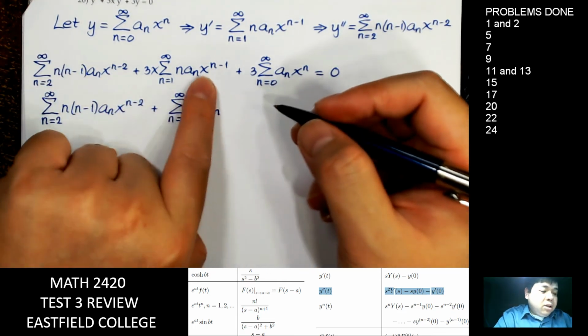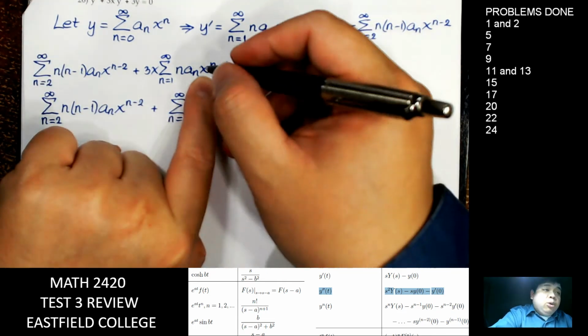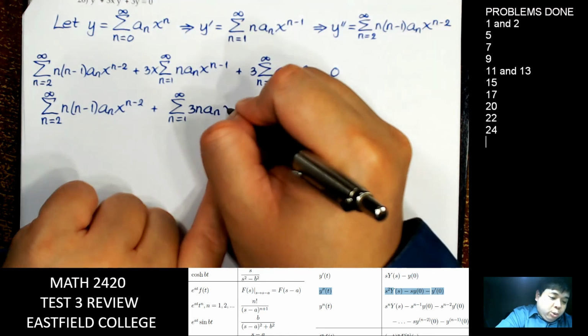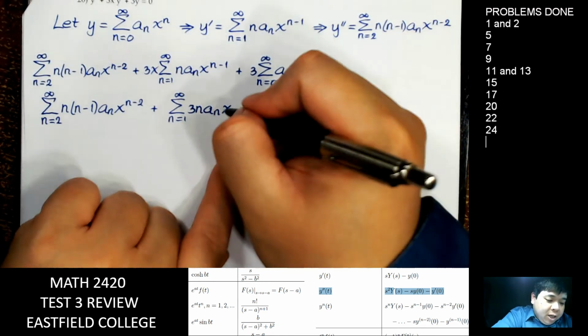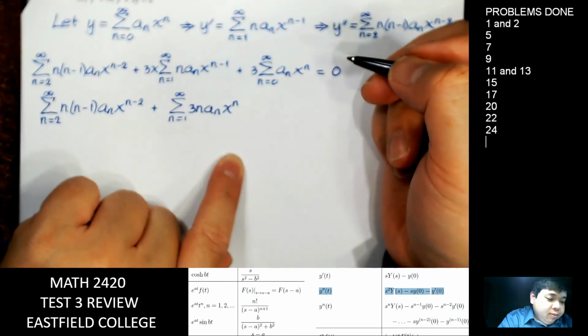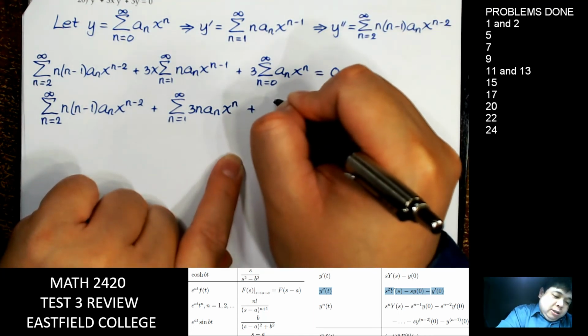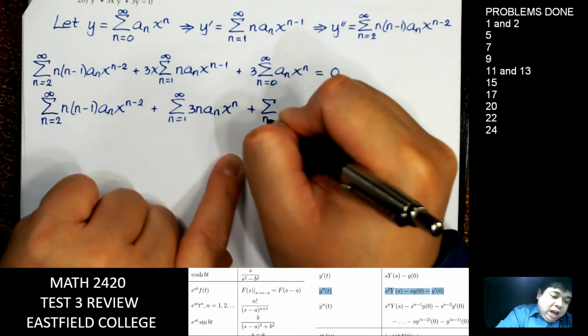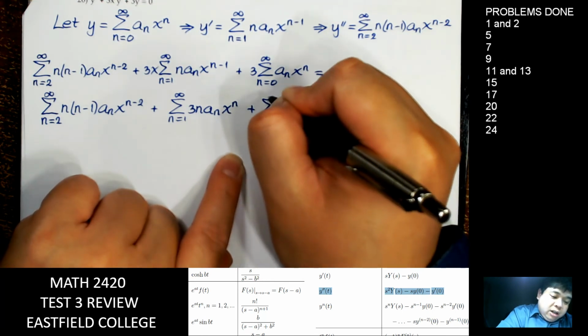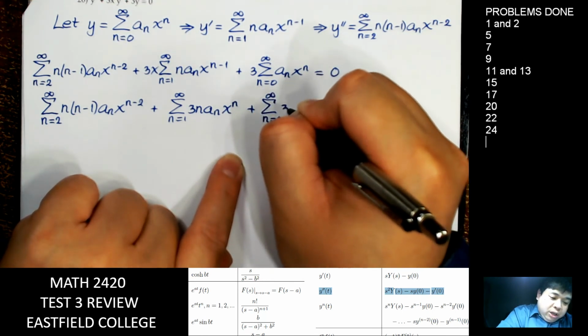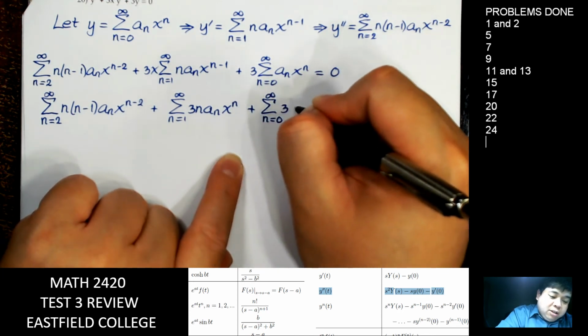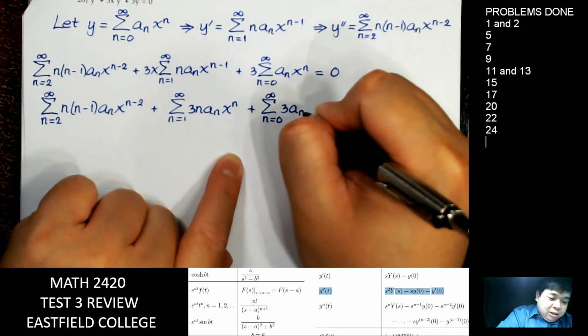Now x times that, so the power will increase by 1, so we just have x to the n power. Once again, I will check the 3 inside, because it is easier to keep track of everything after the summation.